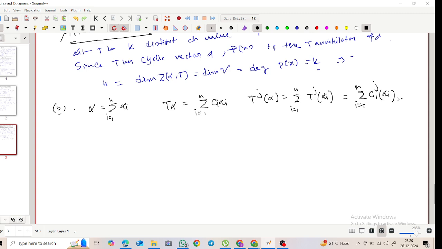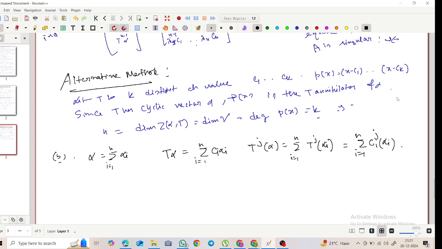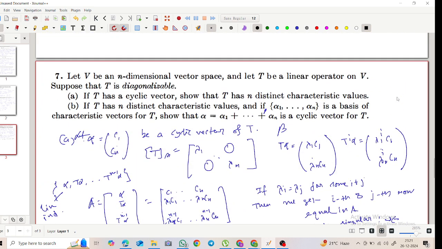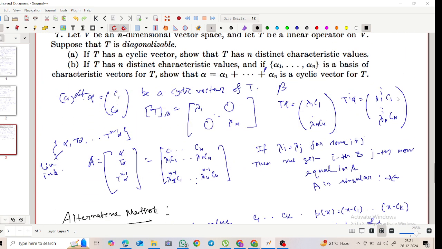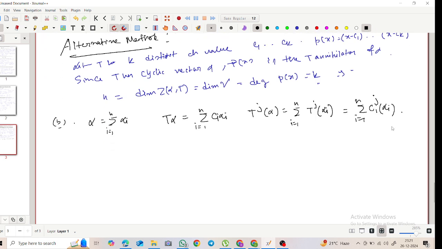Okay. And these eigenvalues are given to be distinct, no? Distinct characteristic values. So no ci is equal to cj. So ci is not equal to cj if i is not equal to j.